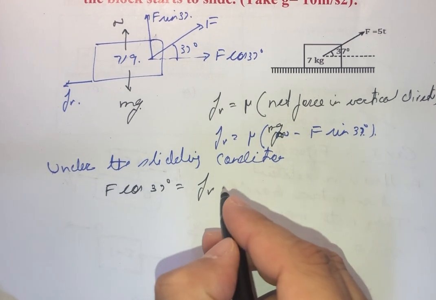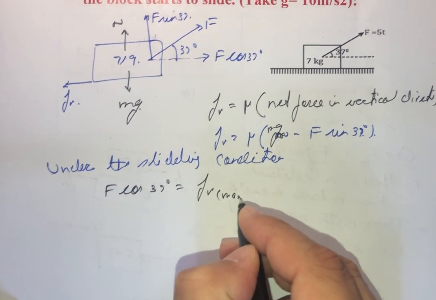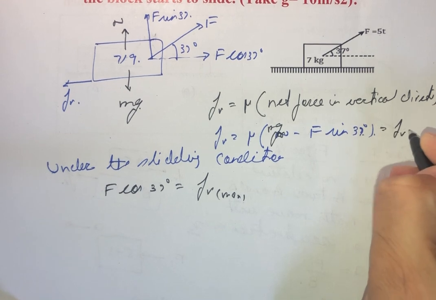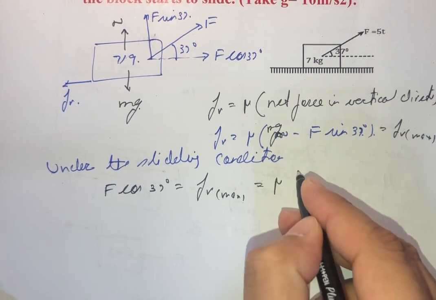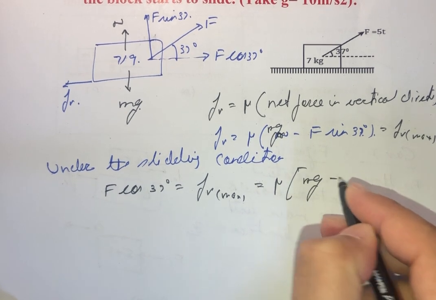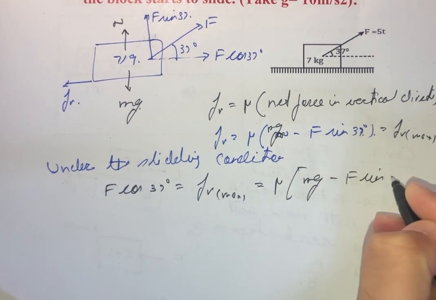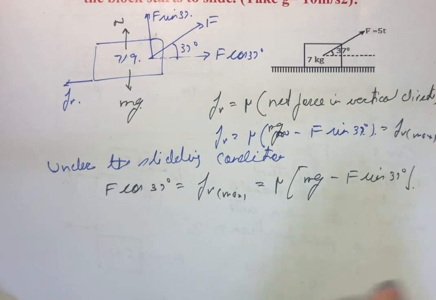We can write this as Fr max also, it doesn't matter, because this will be Fr max under sliding condition. So we get this as mu into mg minus F sine of 37 degrees.